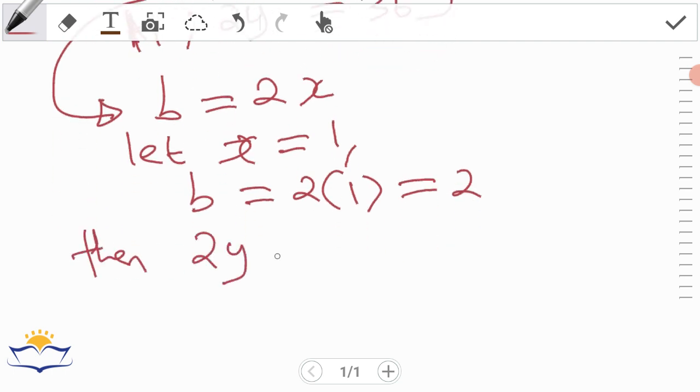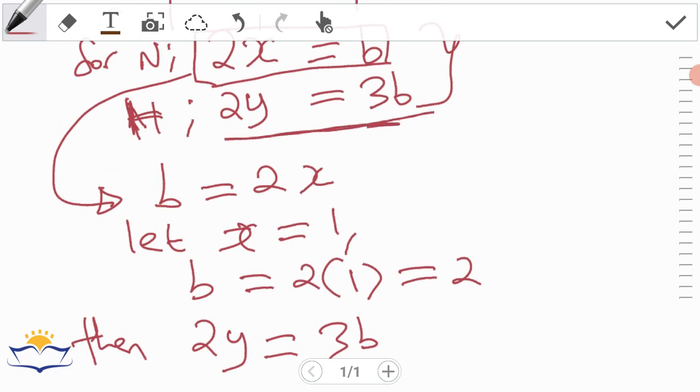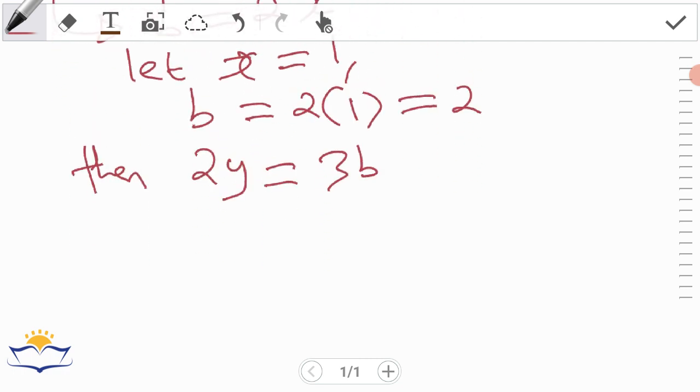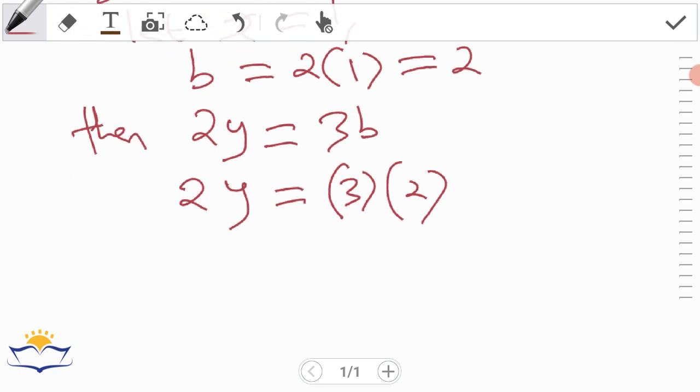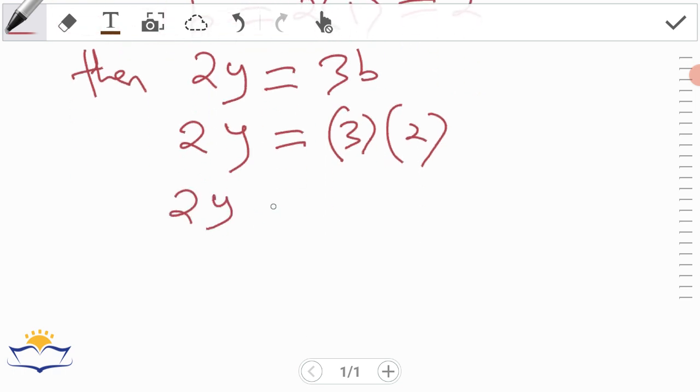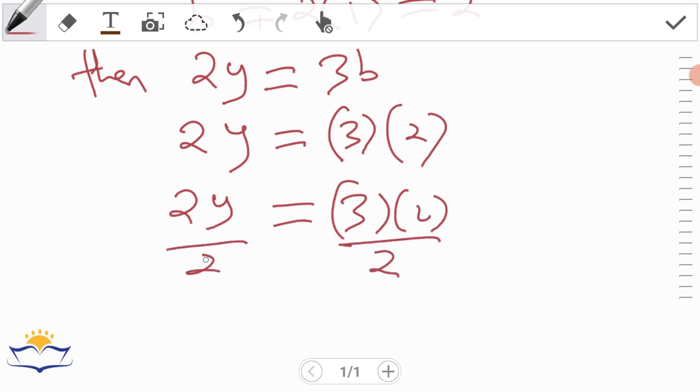Then 2Y equals 3B uja. Pamene pali B tingobanga substitute 2. 3 times 2 basi. Then from your algebra, tikabanga divide both sides by 2. Tikabanga choncho, this 2 and that 2 abangana cancel, zasa ndi Y. 2 ndi 2 abangana cancel, zasa ndi 3.